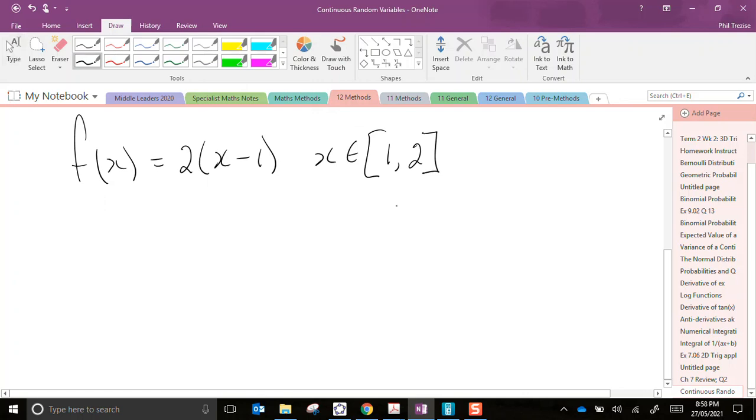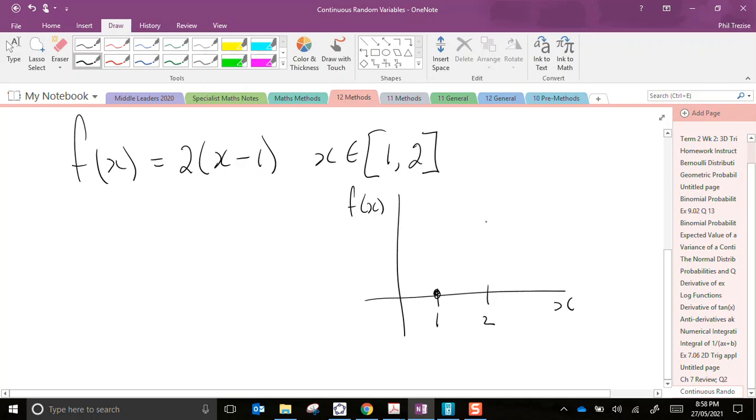Well, let's do a quick sketch. I would need an x value and I would need the function f of x. So x is only allowed to start at 1 and go to 2. If x does equal 1, then 1 take 1 is nothing, 2 times nothing is nothing. So the value of the function there is 0. And then if x equals 2, 2 take 1 is 1, 1 times 2 is 2.